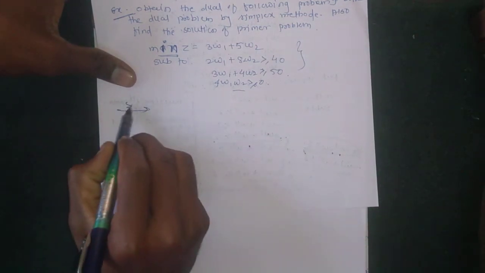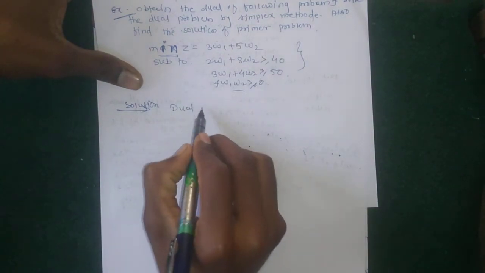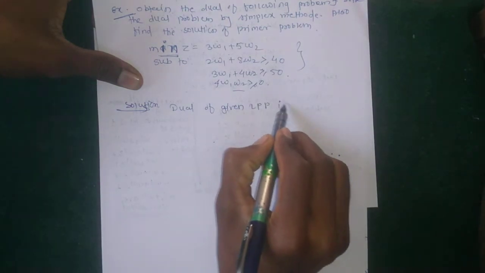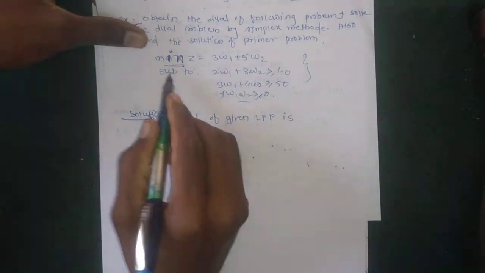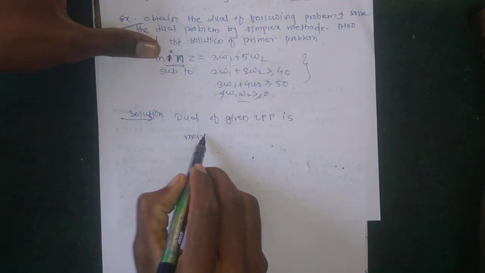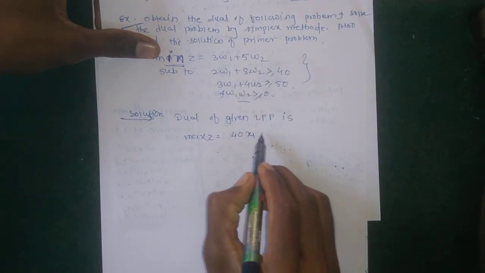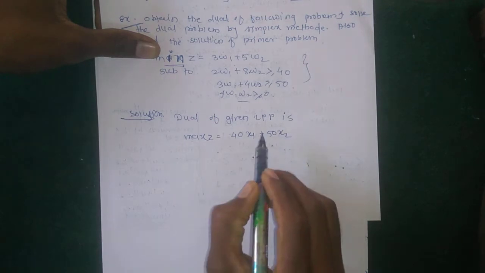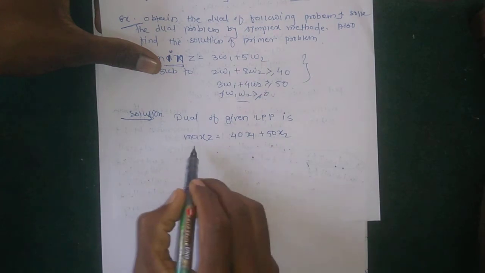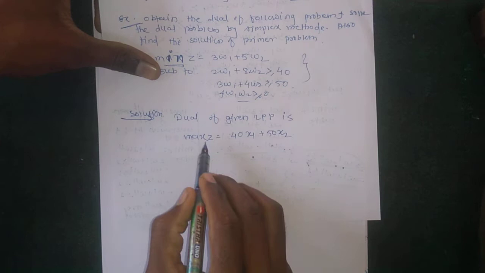So the solution: the dual of the given LPP. The objective function is minimize type, so its dual is maximize Z, with RHS of constraints giving 40x1 plus 50x2. The number of constraints is 2 and variables also 2.